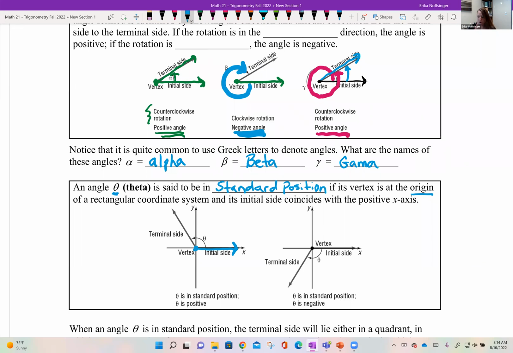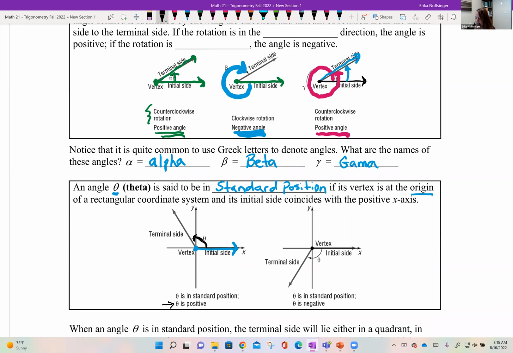In this first example, notice that we're rotating again in the counterclockwise direction, and so our angle we would say is positive.